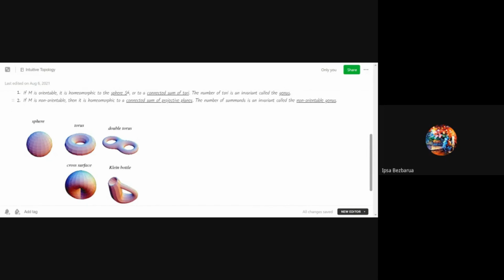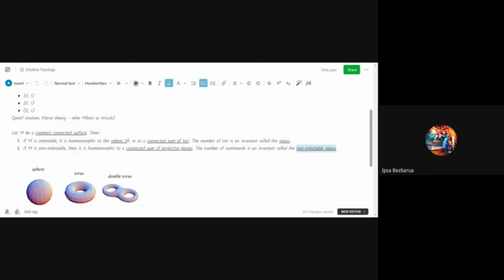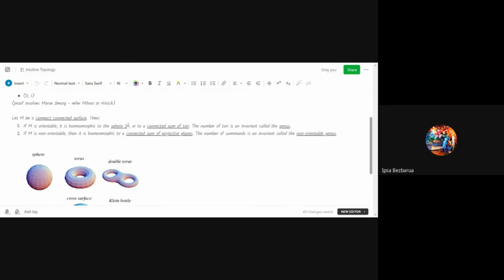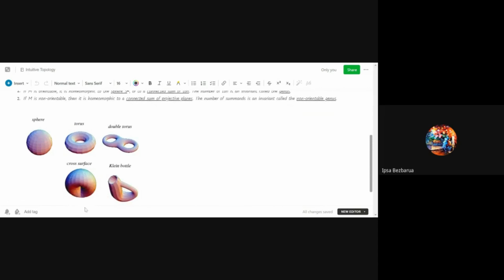The number of summands in this connected sum is an invariant, which is called the non-orientable genus of the surface. And yeah, so any compact connected surface that I have will be homeomorphic to any one of this small collection of surfaces that I have mentioned over here.